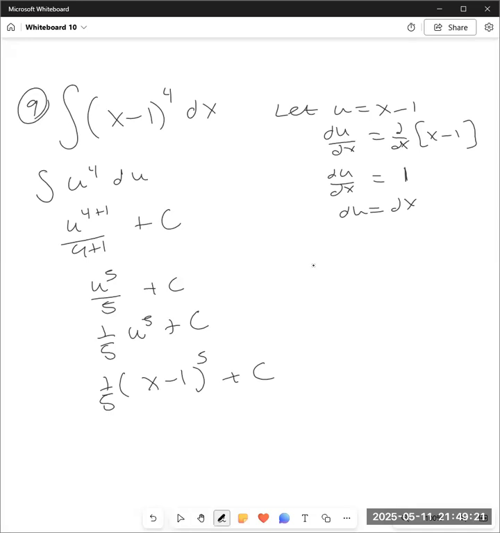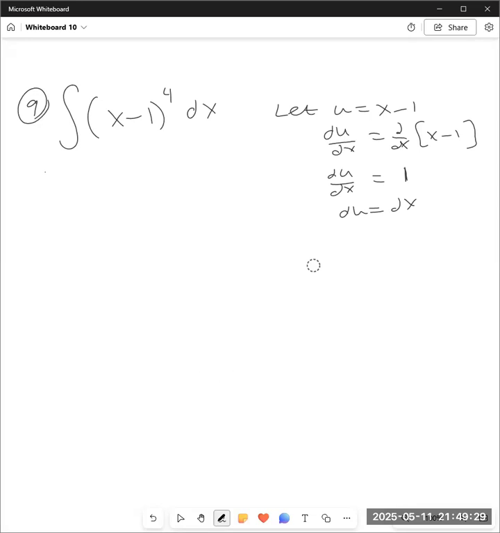Now let's go back and do all that without the u substitution. And you'll see that because the exact derivative of x minus 1 is 1, and there's already a 1 on the outside right here, we don't need u substitution.